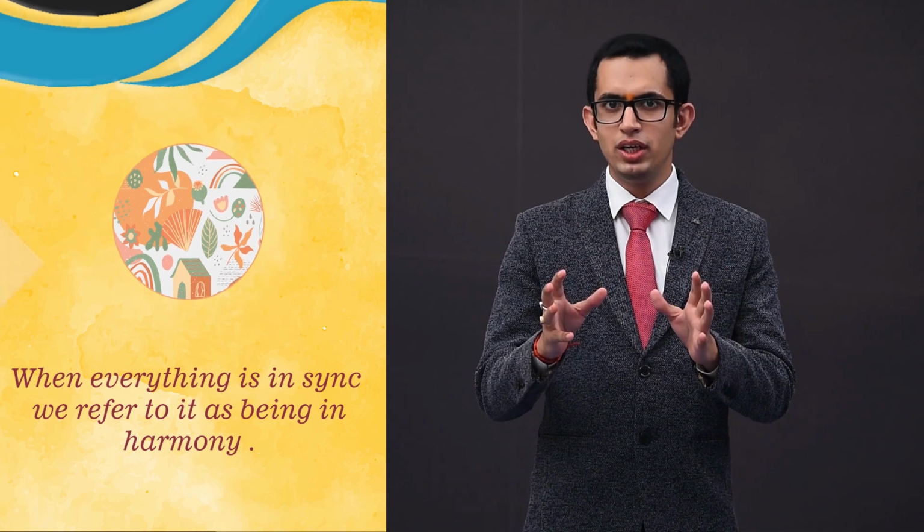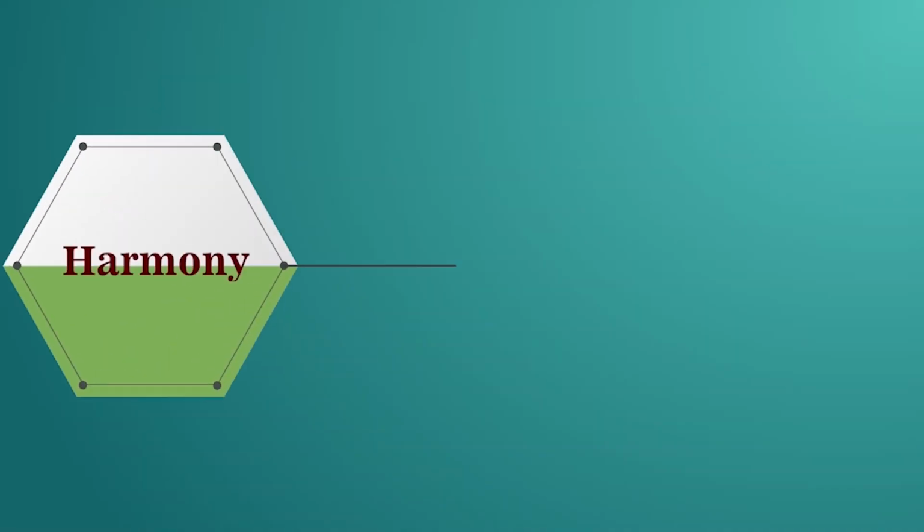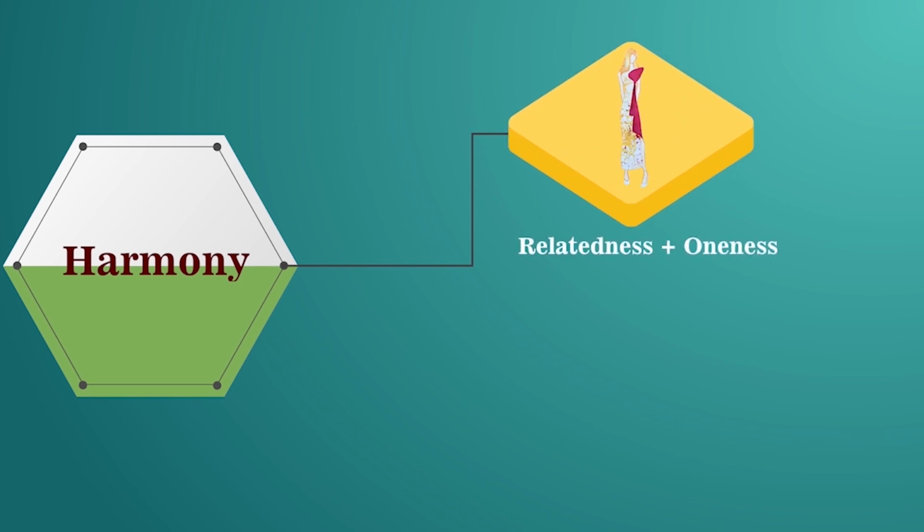In harmony, we call a person to be at peace, because whatever he sees or feels is soothing. So design also holds a very special place for harmony. For design, it refers to relatedness but oneness, unity but not monotony.